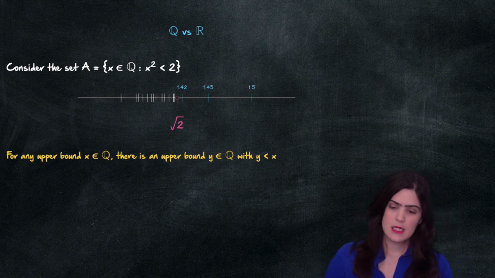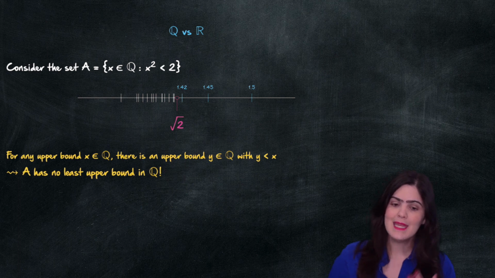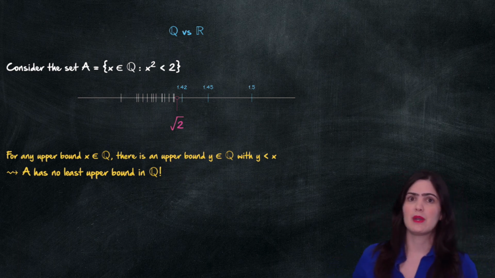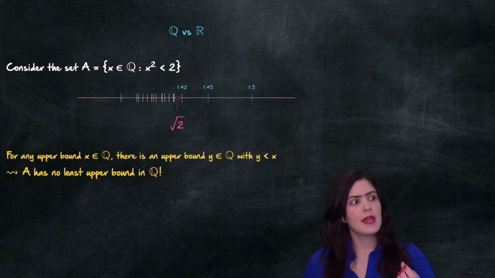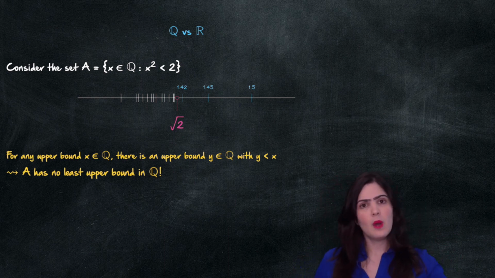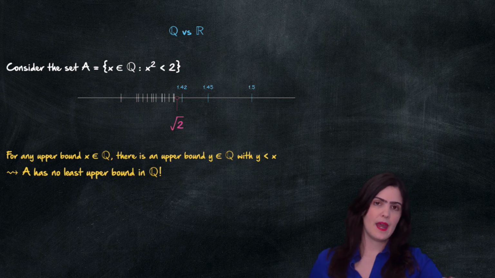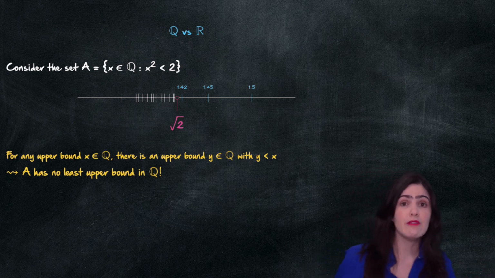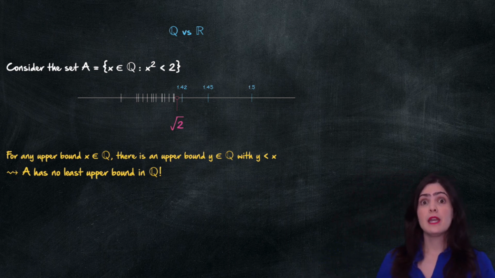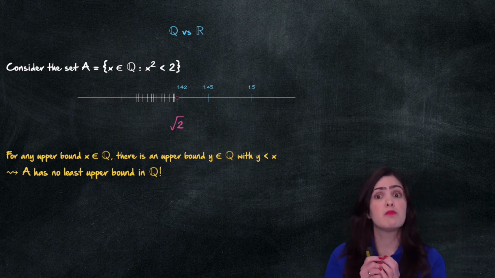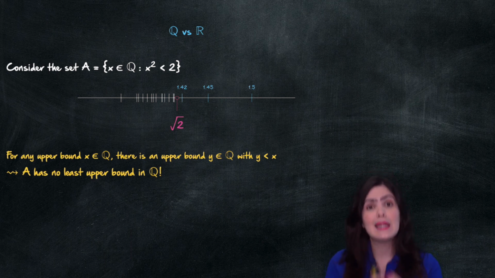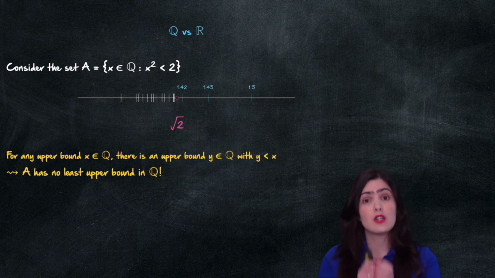Okay, so that means that A cannot have a least upper bound, right? If I pick an upper bound, then I can always find another upper bound that is smaller than that one, and if I then pick the one that I got, I will do that process forever, so I cannot find a least upper bound in Q. This is very important. We cannot find a least upper bound that lives in the set of the rational numbers.